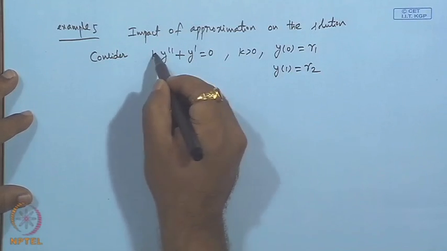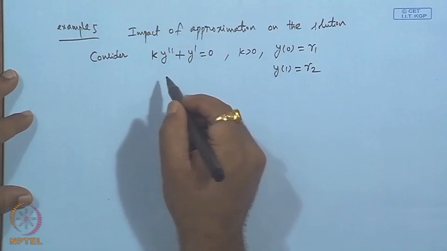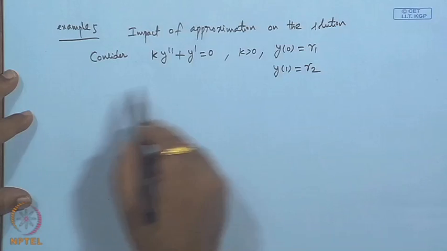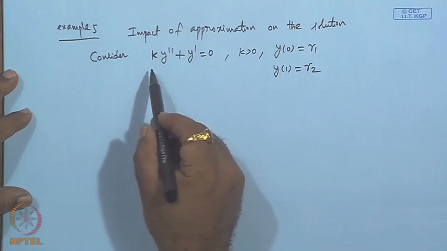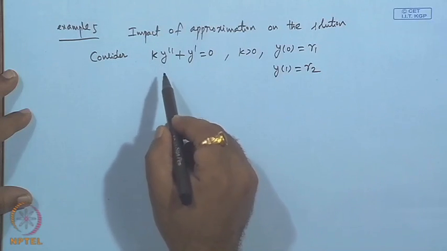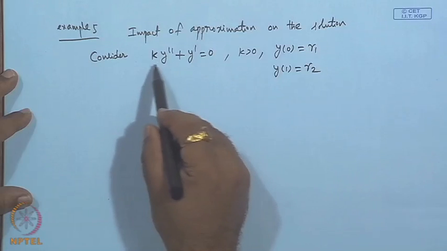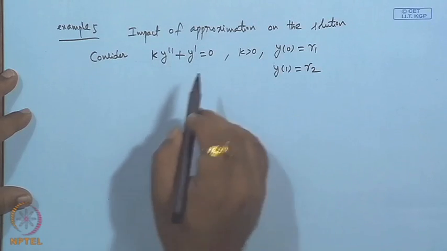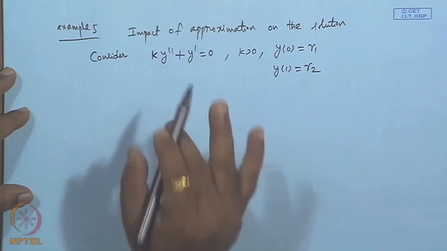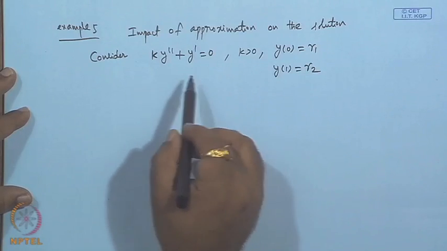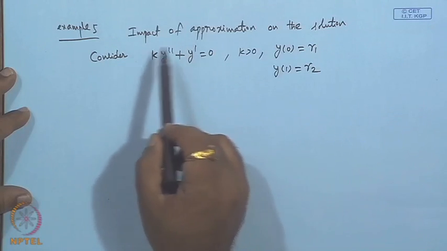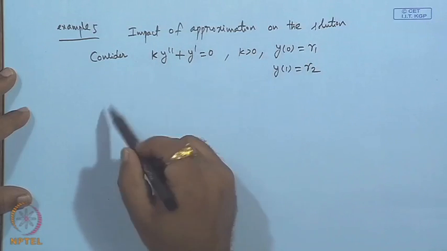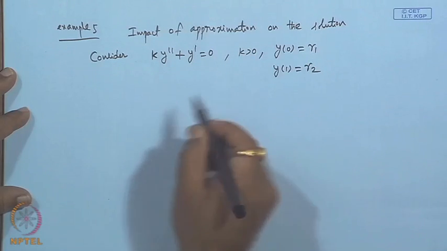This can be thought of as a one dimensional diffusion equation. In the context of convection diffusion, the k has a specific meaning. Any case, dropping that, at least this can be thought of as an application to a convection diffusion problem. Now we would like to discuss the impact of approximation on the solution.